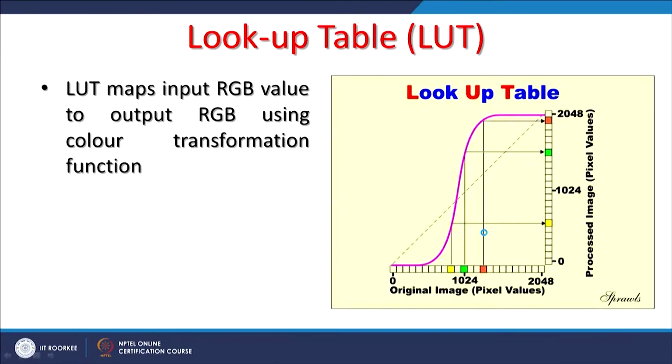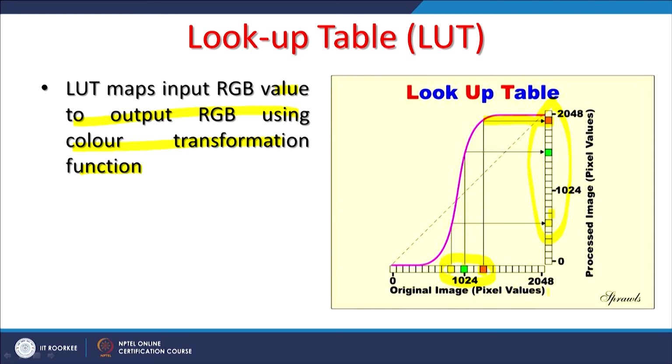Basically, it is a two-dimensional table, and the lookup maps input RGB values to output RGB using a color transformation function, as shown here. For example, if I take these red values here, they are projected here. In the original distribution, I have values distributed only within this dynamic range. But when I go through the lookup table, these values are distributed over a much larger dynamic range.